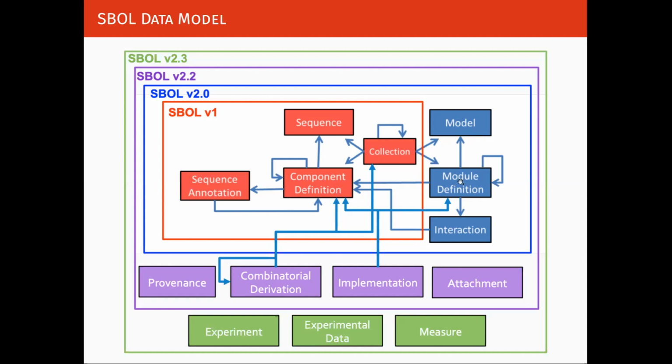And you see the same thing with module definition. A module definition can include modules as sort of submodules. And then those submodules themselves may be defined by module definitions. And you have one basic arrow on the component definition that refers back to itself.